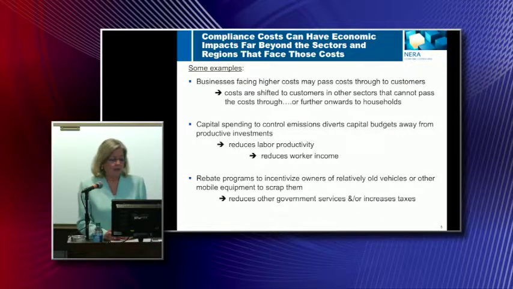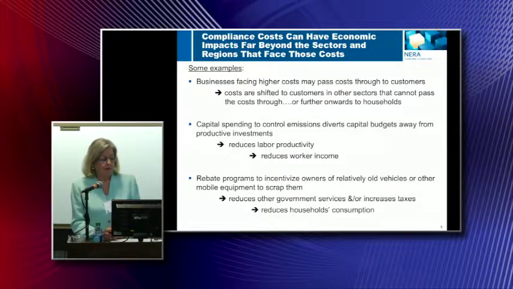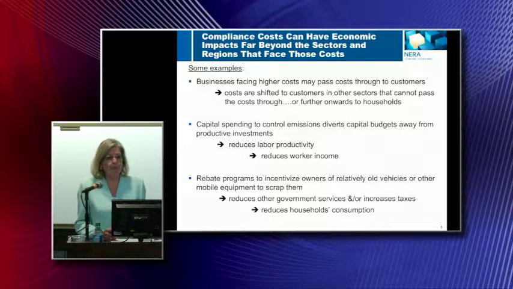Well, that reduces other government services. The government has to find the money for those rebate programs, which in turn either reduces other types of services that people might otherwise have gotten from the government, or it might mean higher taxes. Again, all of this can translate back to the household and reduce consumption at the household level, or reduce spending power.